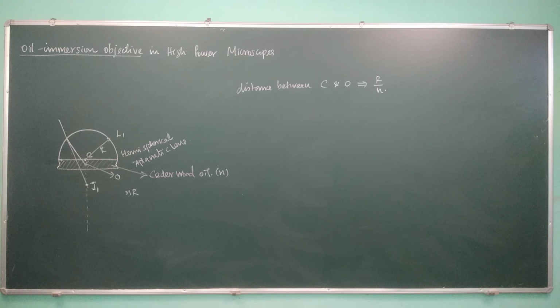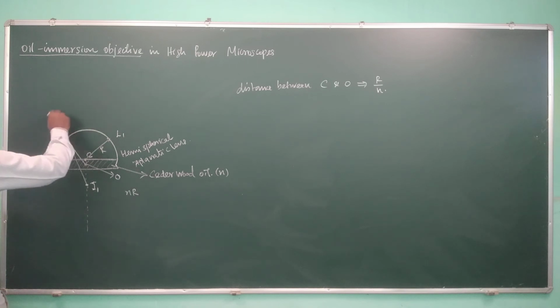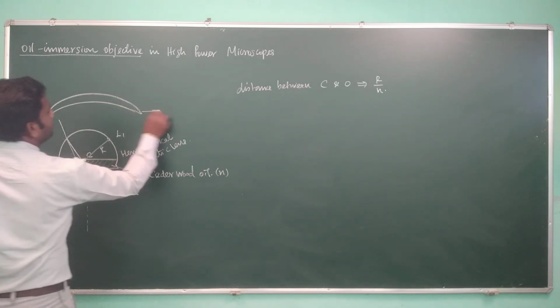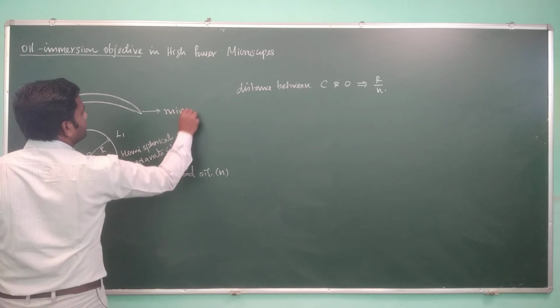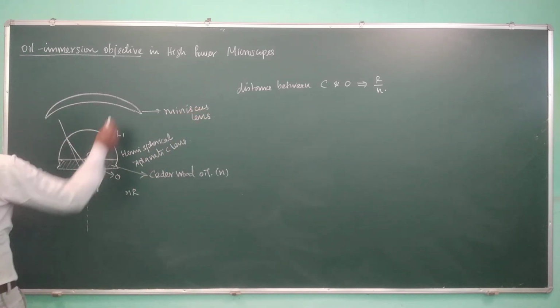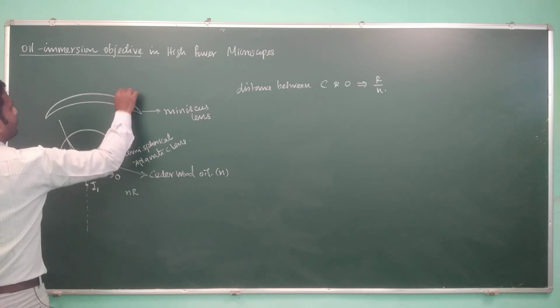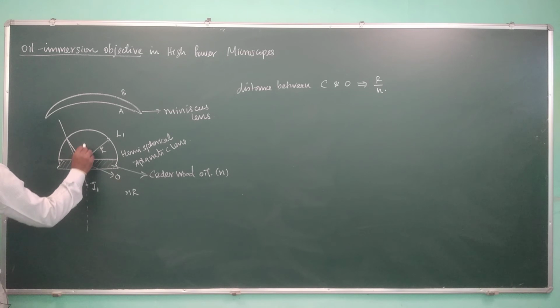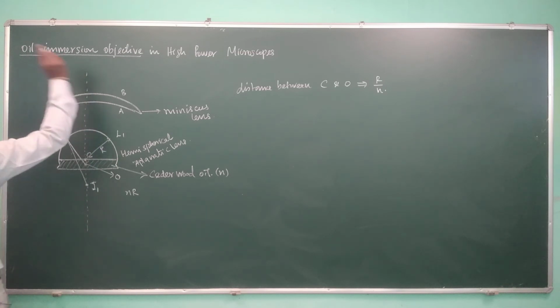And the second case: in the microscope there is another lens. Another lens will be placed. This lens is called a meniscus lens, whose lower surface is A, upper surface is B, and let's extend this straight line.